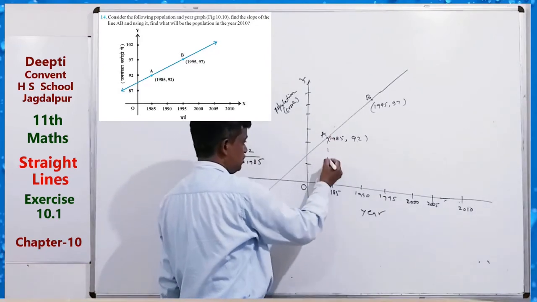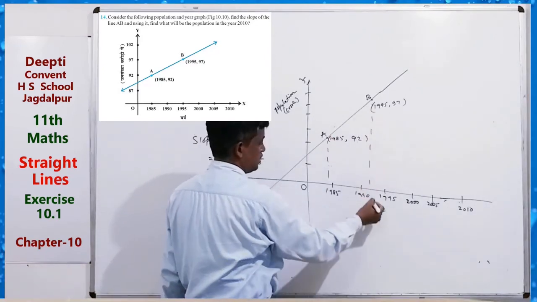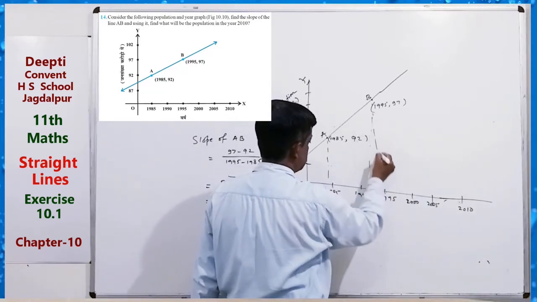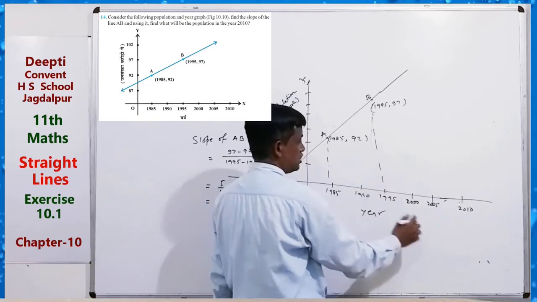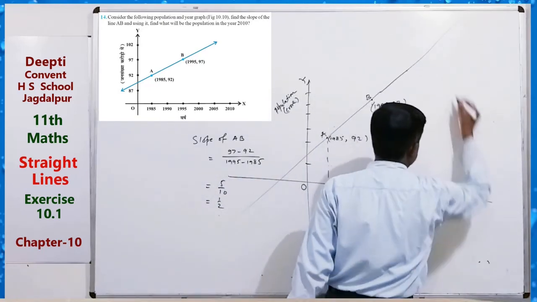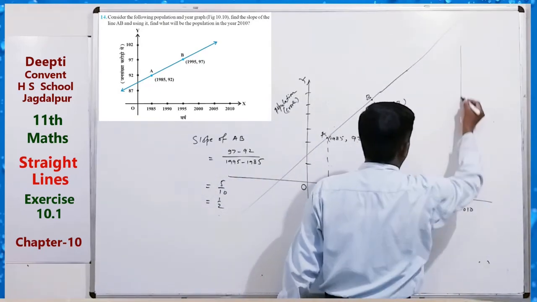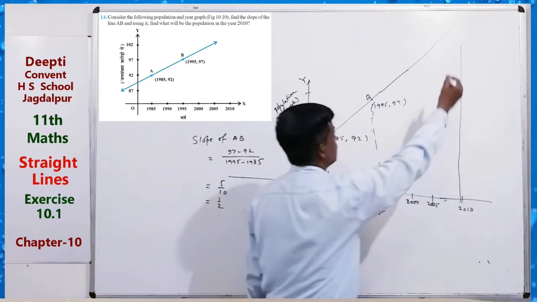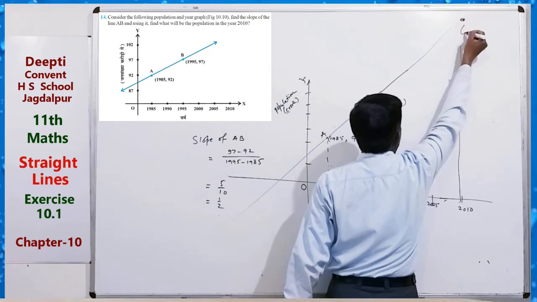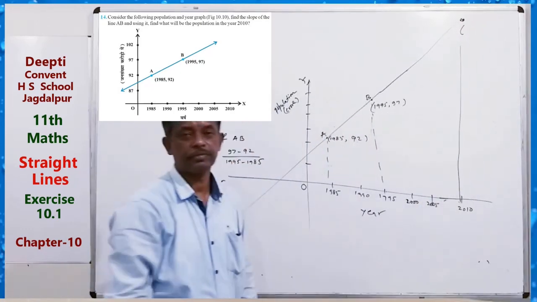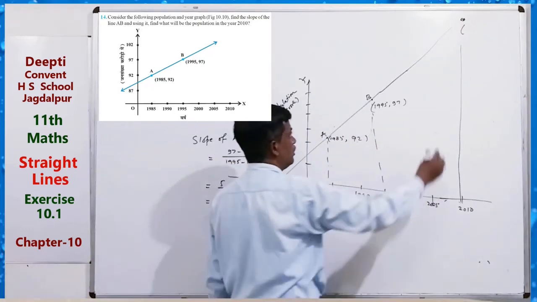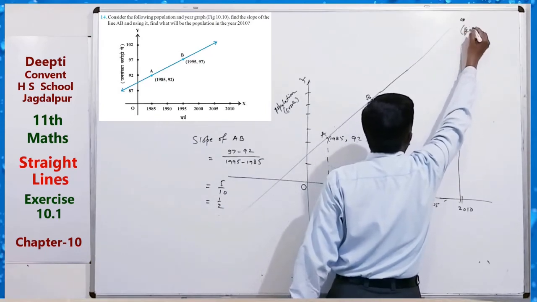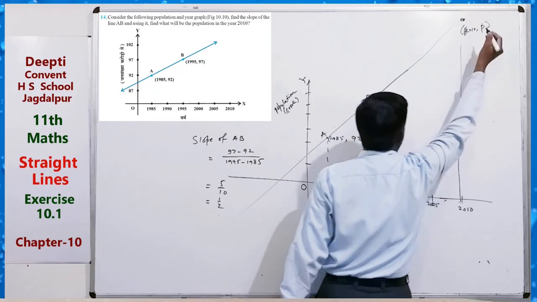This value is the population in 1995. This is the line, and this is the population here. Suppose the population is P in the year 2010.